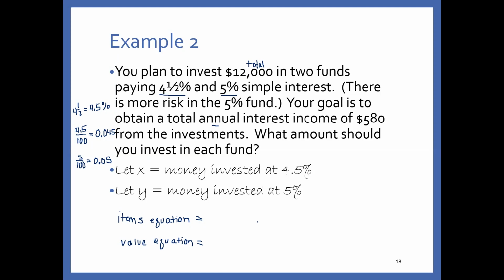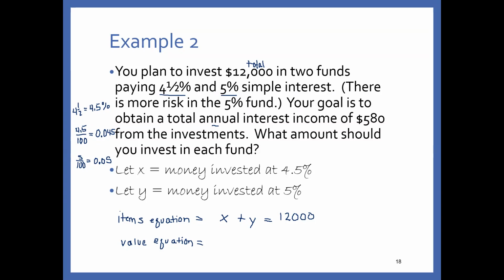So my items equation is going to be X, the money that I invest at 4.5%, plus Y, the money that I invest at 5%, and that equals $12,000 because that is the number of dollars, the number of items that I have to invest. And somehow I'm putting some in each account, and they'll add up to that amount.